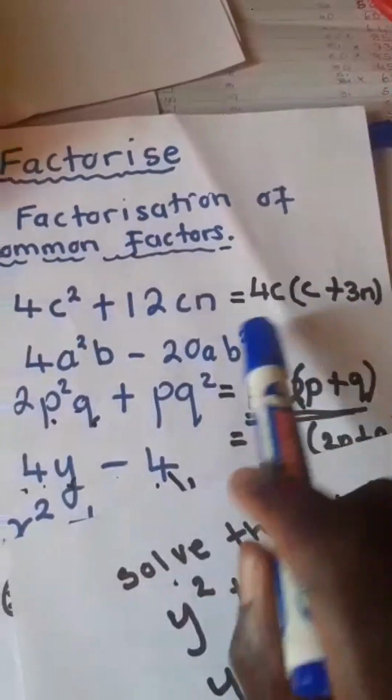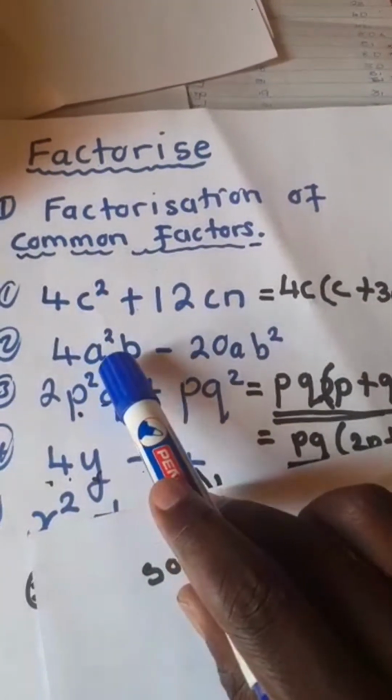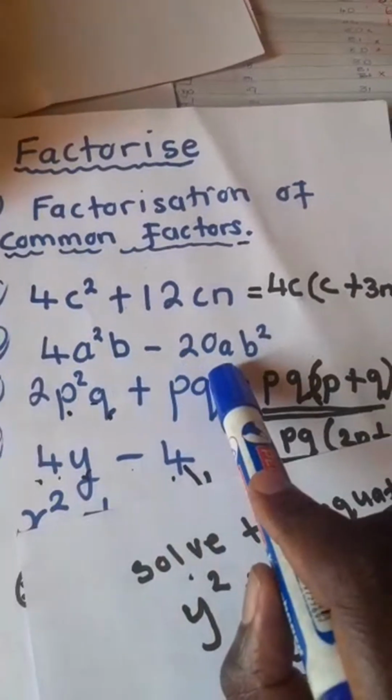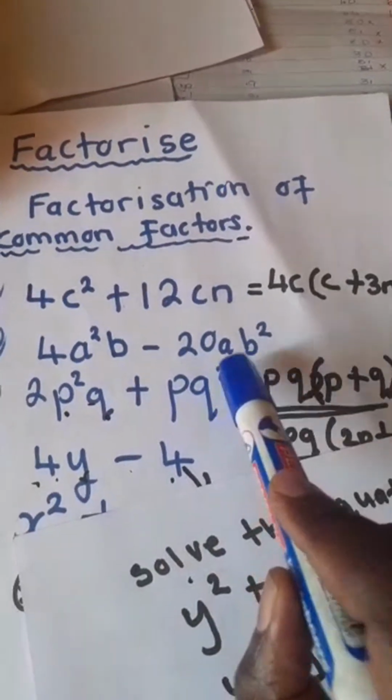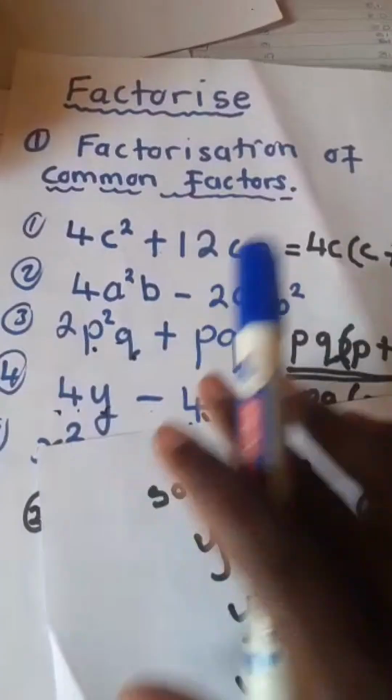That will be our final answer. Then the other one was 4a squared b minus 20ab squared. Okay, so let's go to another type of factorization, which is difference of two squares.